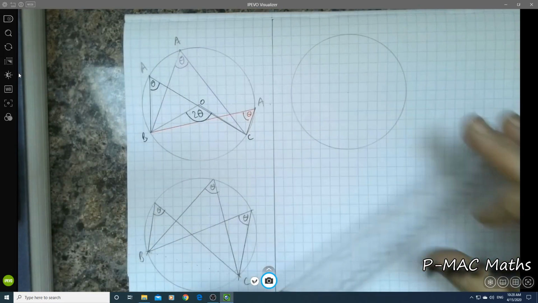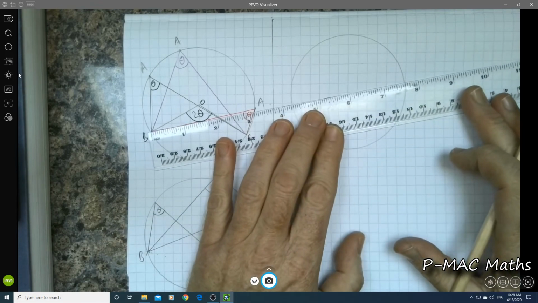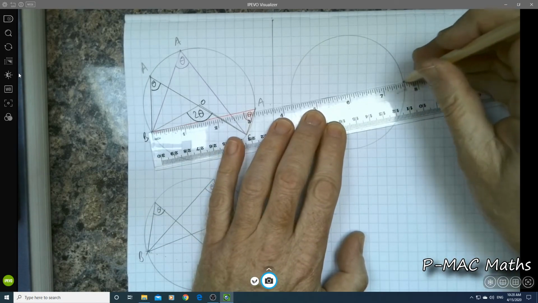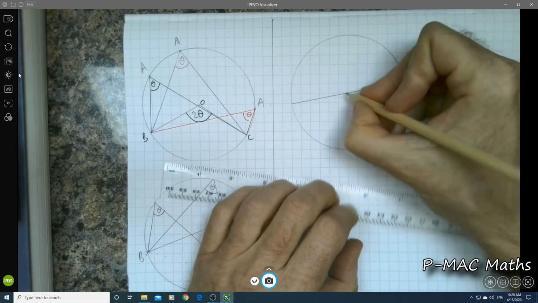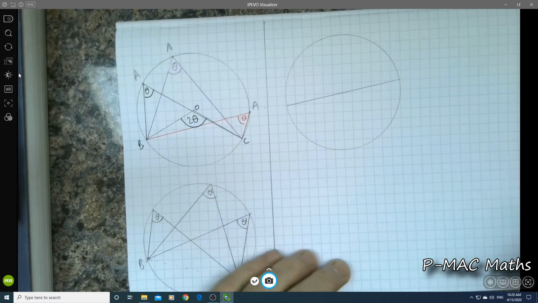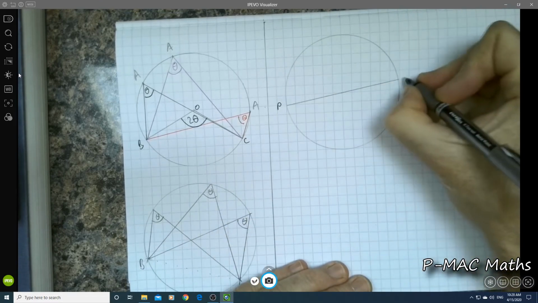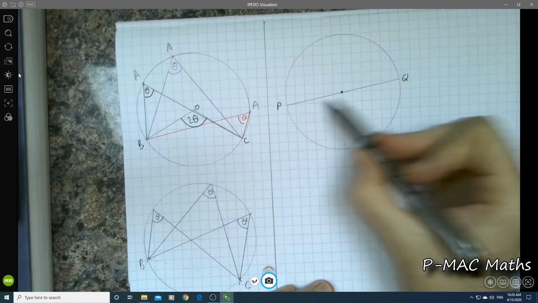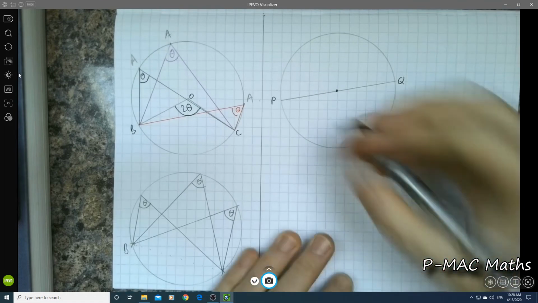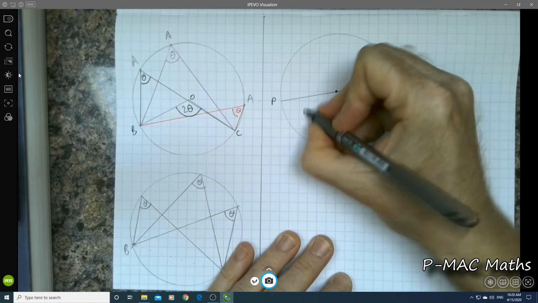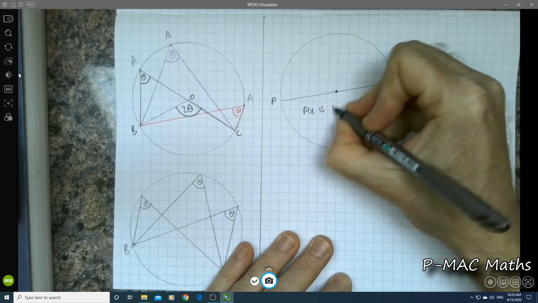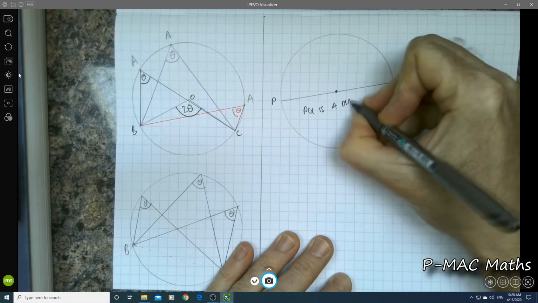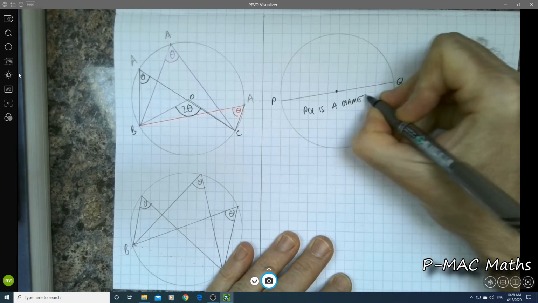And in this instance, I am going to be particular about where I put my 2 points. So let's call this P and Q. And this time P and Q have been chosen in such a way that PQ is actually a diameter. Okay, so PQ is a diameter.